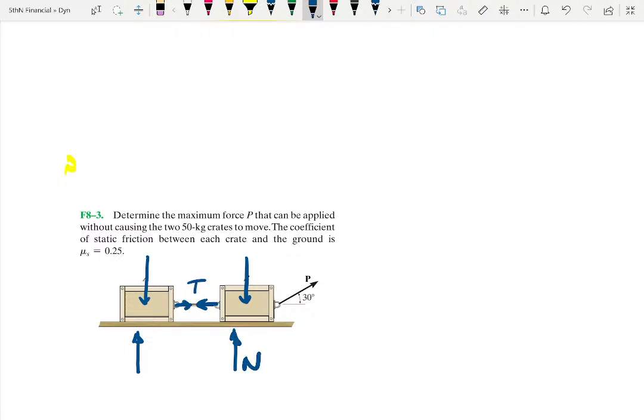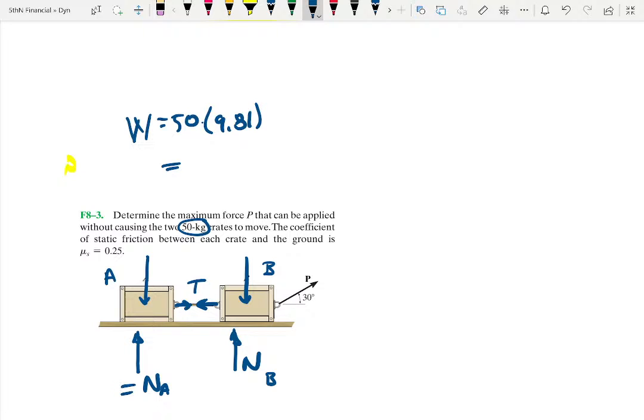Oh yeah, these were A. This was A and this was B. So NB, NA. Now NA is pretty easy to do. Since they're 50 kilograms, the weight is equal to 50 times 9.81. And so that's going to be this value right here.